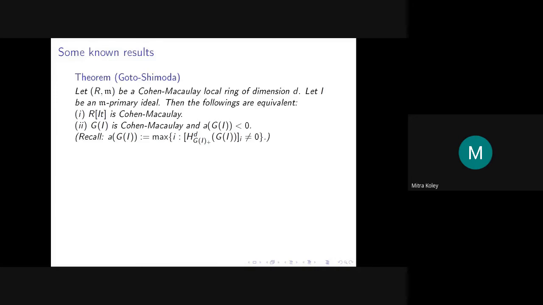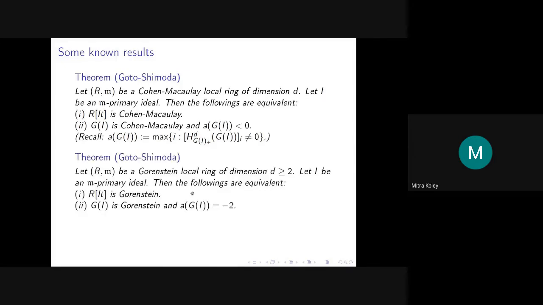Recall that the a-invariant is the maximum i such that the local cohomology module of the associated graded ring supported on G_I+ is non-zero. The point is G_I is a graded ring, hence its local cohomology is also graded, and it is also Artinian. So for i large enough, the graded component has to be zero. Hence the maximum exists, and the maximum i is the a-invariant of the associated graded ring.